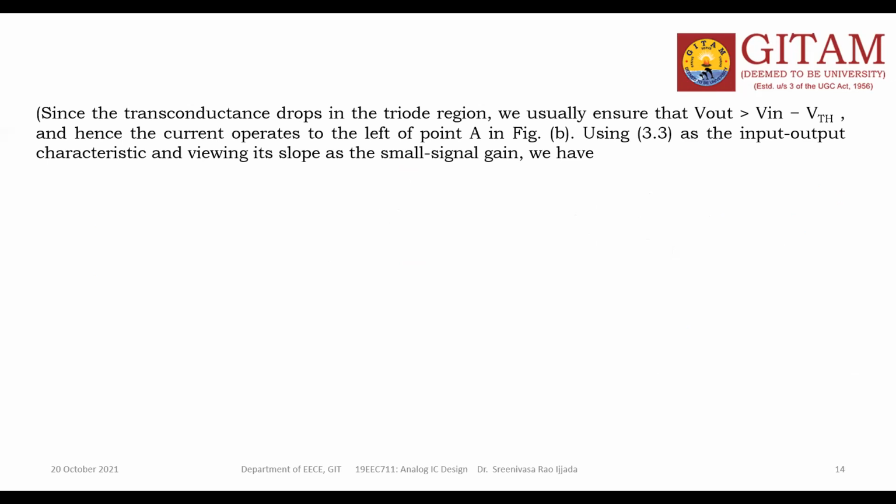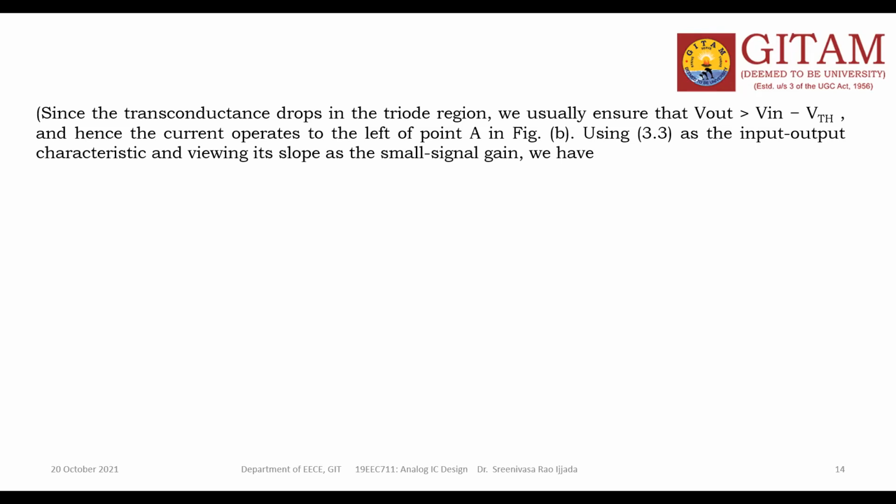Since the transconductance gm drops in the triode region, generally gm is valid for the saturation region. But here, since the transconductance drops in the triode region, we usually ensure that Vout, your output voltage, is greater than Vin minus VTH.